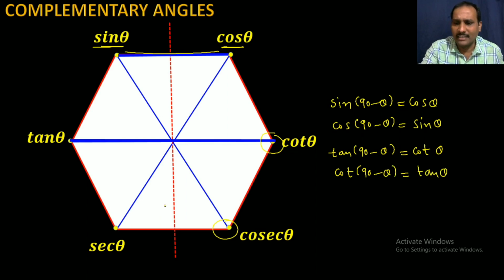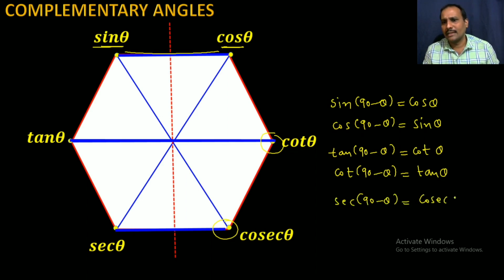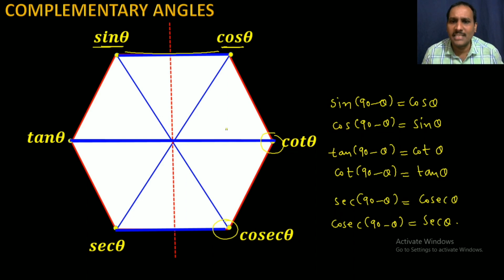The remaining third horizontal line is connecting secant theta and cosecant theta. So secant 90 minus theta is equal to cosecant theta, and cosecant 90 minus theta is equal to secant theta. So this is an easy way to remember the complementary angles using this hexagon.